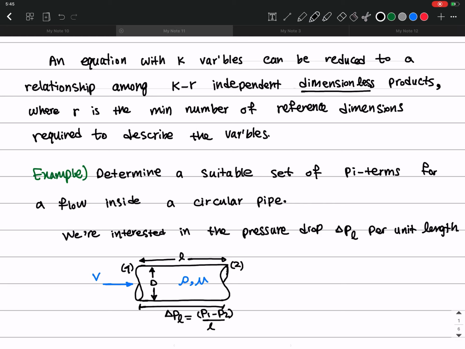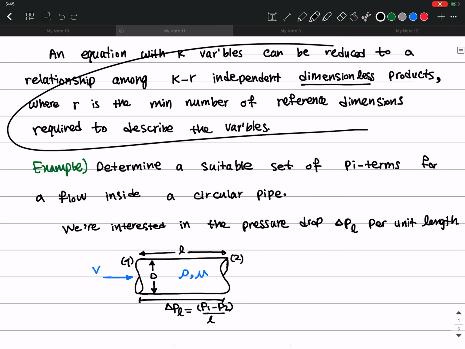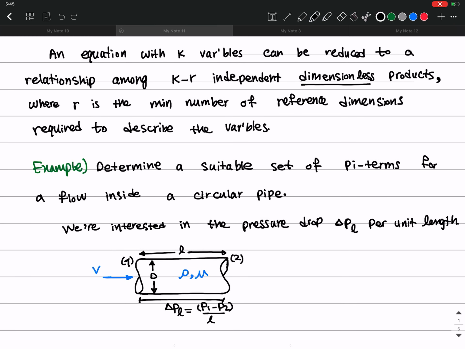So eventually we want to find a relationship for this pressure drop based on the flow parameters, okay? Flow and fluid parameters. And we want to use this Buckingham pi theorem to find that parameter, okay? So let's get started and see how we can use that.